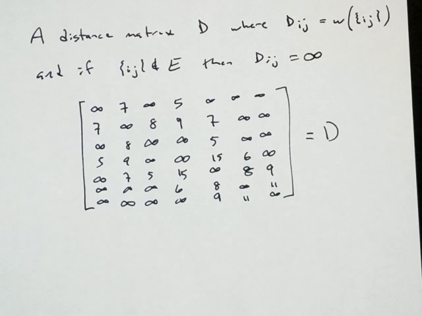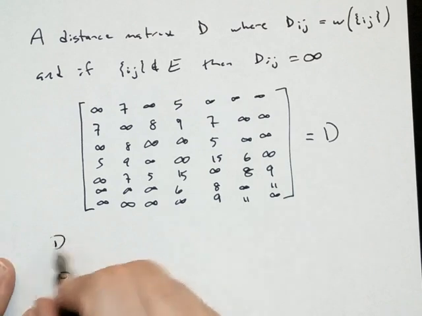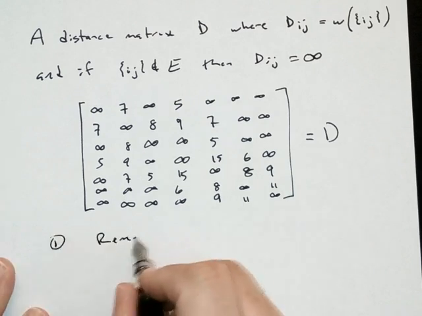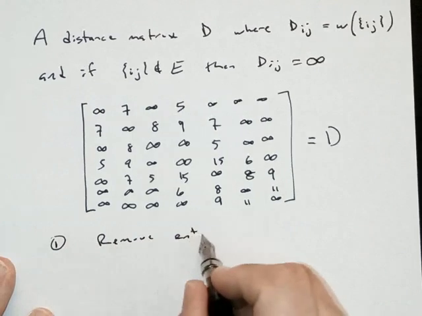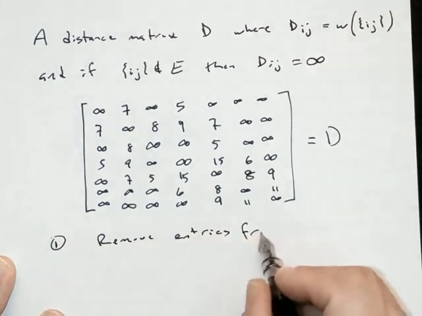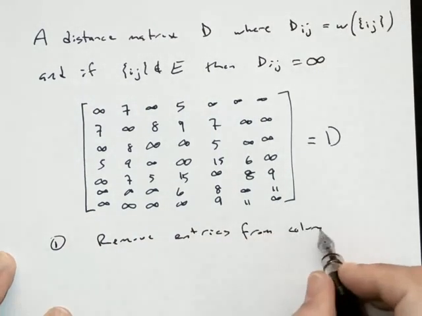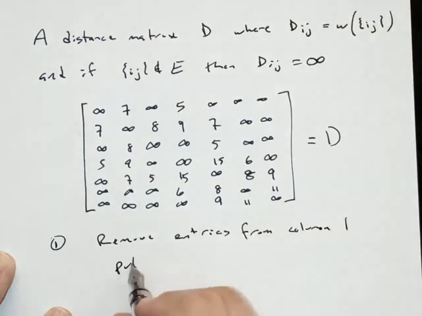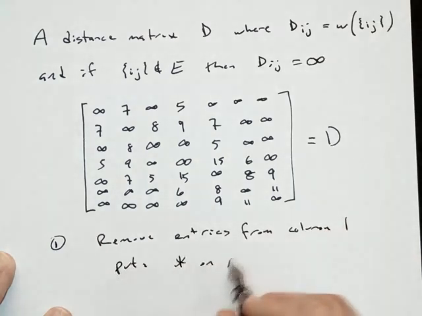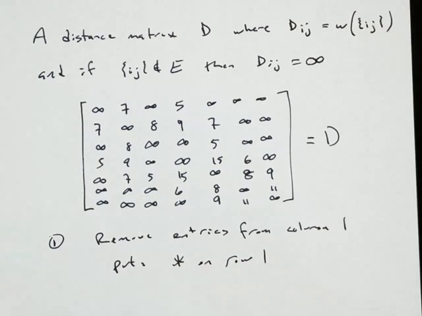And at the same time, put a mark on the first row. So step one requires me to put a mark outside the matrix.